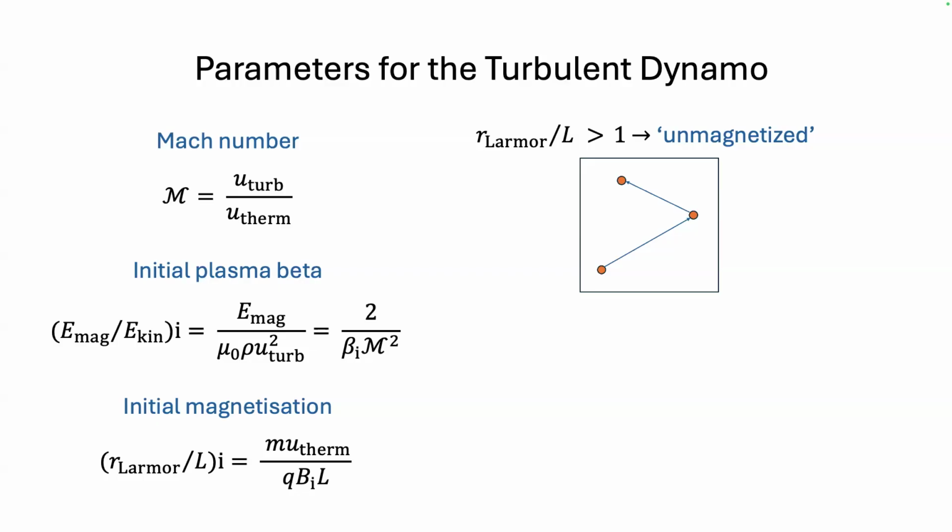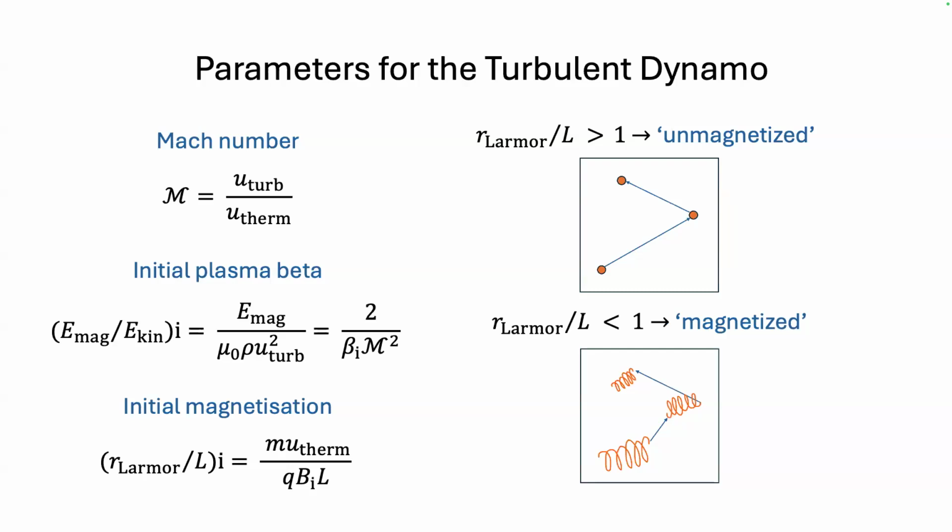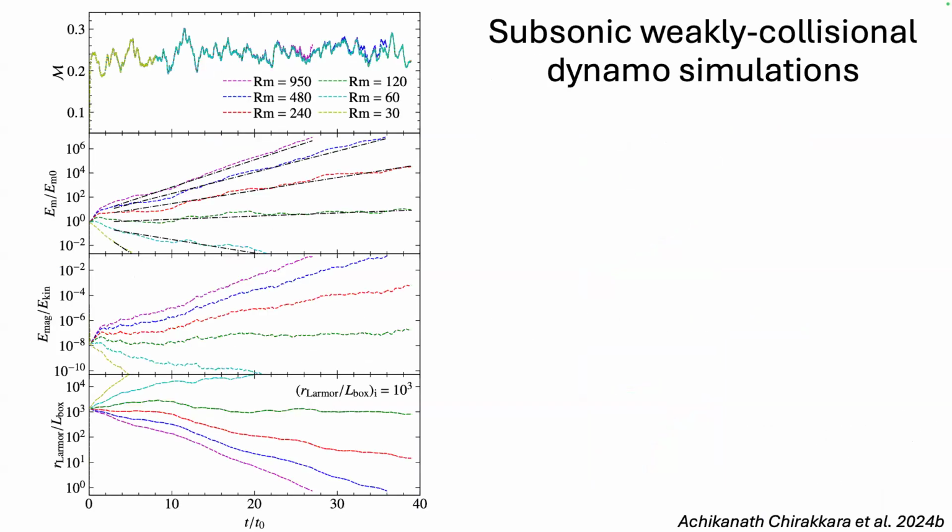It never really sees the magnetic fields because the Larmor radius is just larger than the box. But then when it gets magnetized, or the magnetic field is strong enough, you can see it gyrates, gets kicked to another place, gyrates again, moves to another place. Yeah. And finally, we spoke about this one, the magnetic Reynolds number, just to be sure. These are many parameters which are important for understanding the turbulent dynamo and its properties.